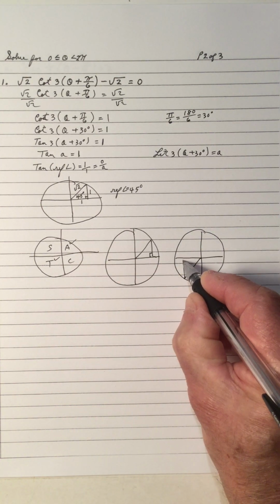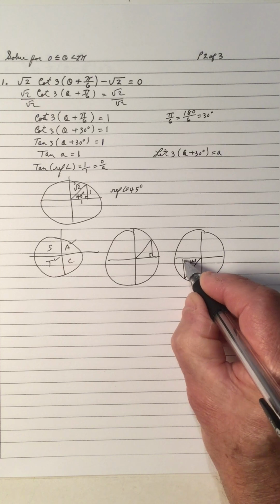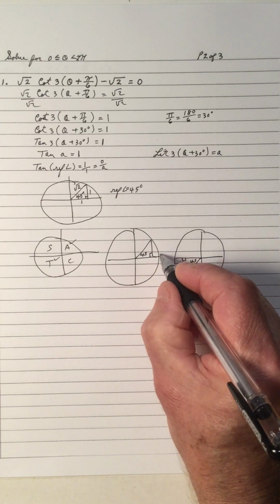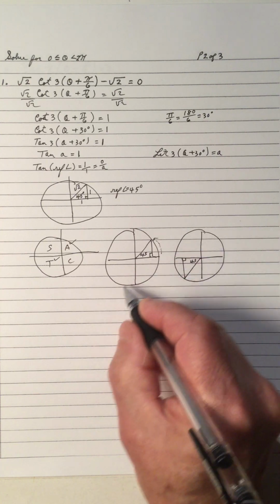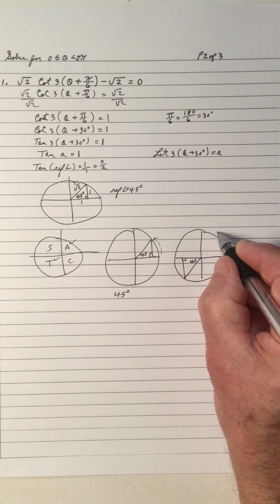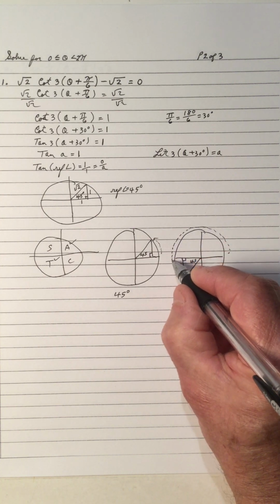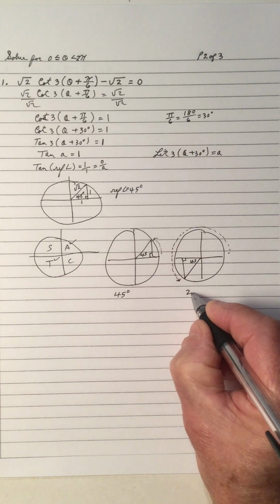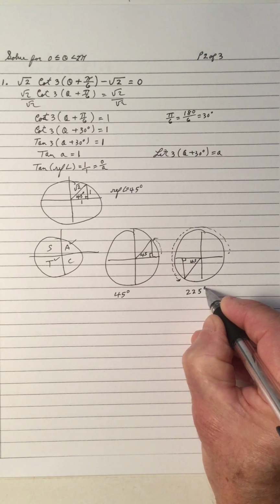So there's a terminal arm, and there's a reference angle here of 45. So there's your 45. The rotation here in the first quadrant is a 45 degree angle. And the rotation here is 180 plus your 45, so that rotation is 225.